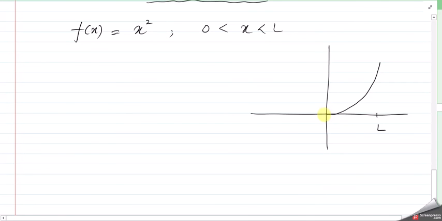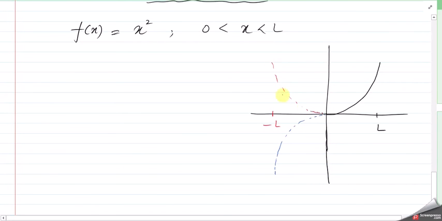There are two possible extensions. First extension is we extend the function this way, minus L to L, or we can extend the function like this. Okay, so there are two possible extensions of the function.